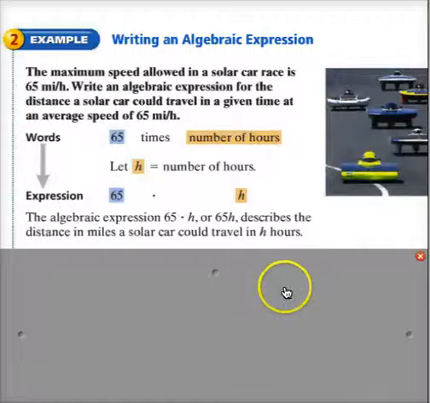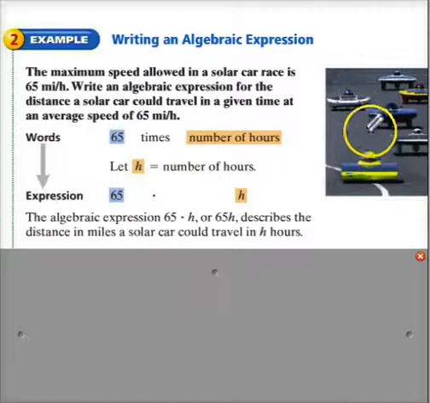The next example is writing an algebraic expression from a word problem. So in this example, we have solar car races. These solar cars can ride 65 miles per hour. They want us to write an algebraic expression for the distance these solar cars can travel in a given amount of time.